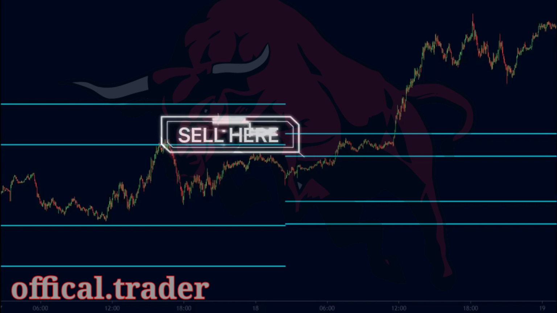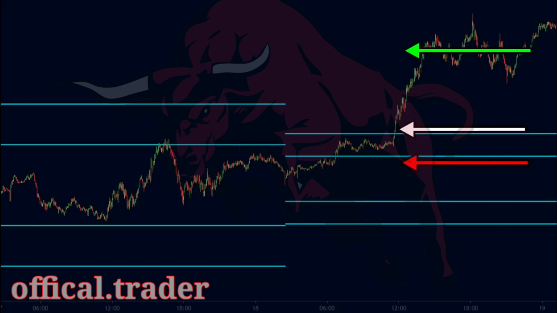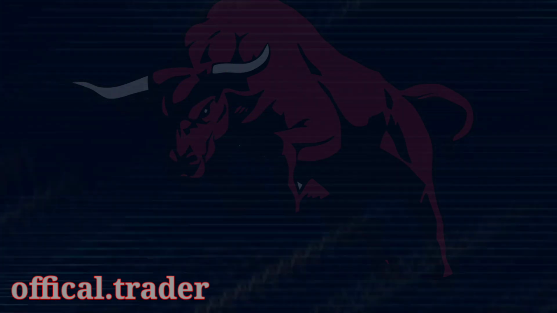Similarly, we will sell when the price closes below the S4. Here, we see that the price has successfully closed above the R4. Hence, we place a buy trade here. We will keep our stop loss below the R3, and we will place our targets at 2:1 risk to reward ratio. As you can see, the price made a strong up move after our entry.